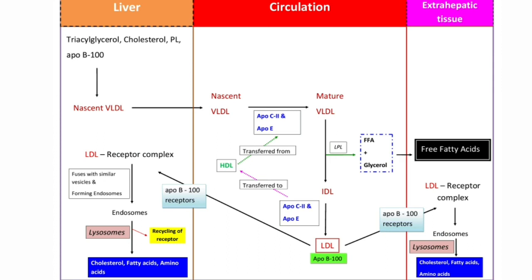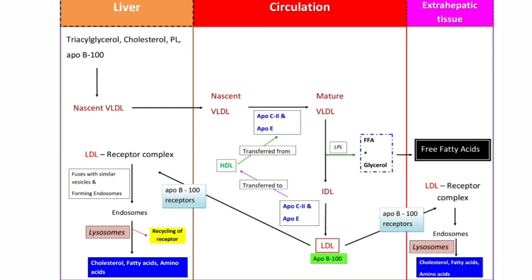The receptors which recognize the LDL are located in specialized regions called clathrin coated pits. When ApoB100 binds to the ApoB100 receptors, the LDL receptor complex is formed. Now this LDL receptor complex is internalized by endocytosis.